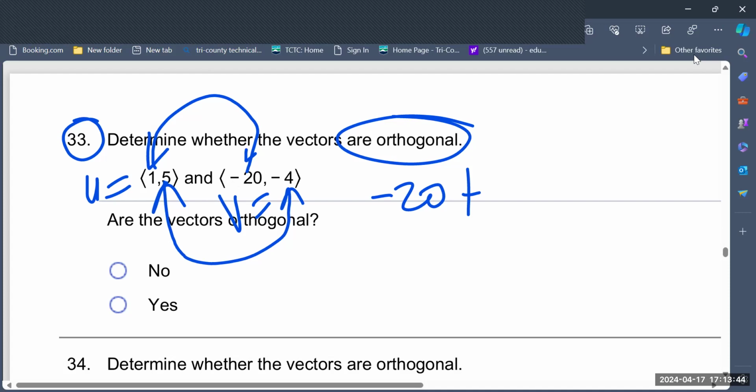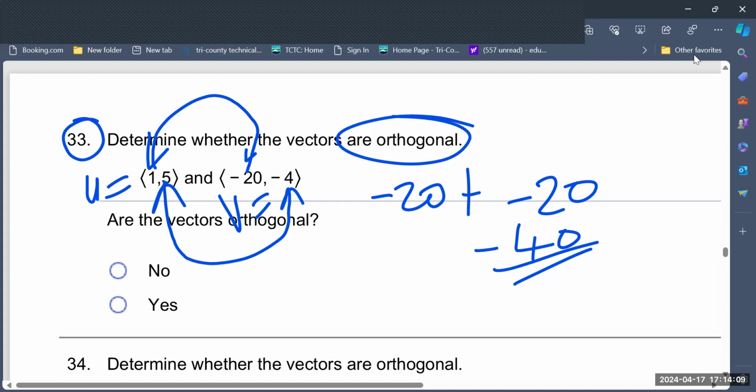So I have 5 multiplied by negative 4, and I have negative 20 again. Negative 20 plus negative 20 is negative 40. So the dot product is not 0. The vectors are not orthogonal.